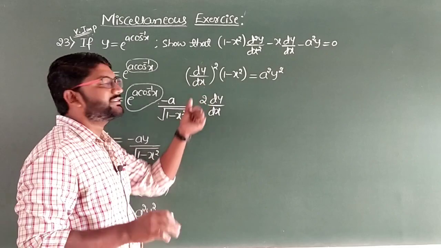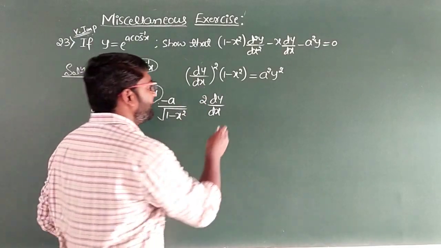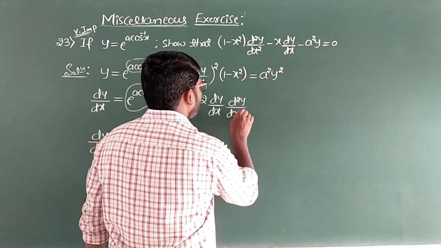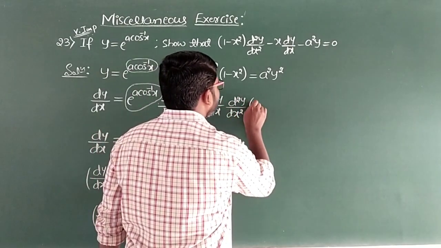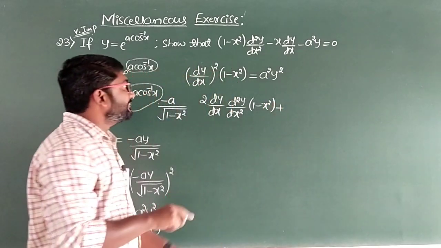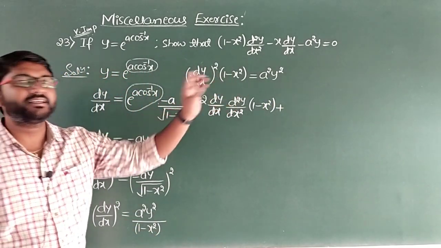Derivative of dy by dx will be d square y by dx square. Now write the second term as it is, 1 minus x square, then plus, now write the first term as it is, differentiate the second term.